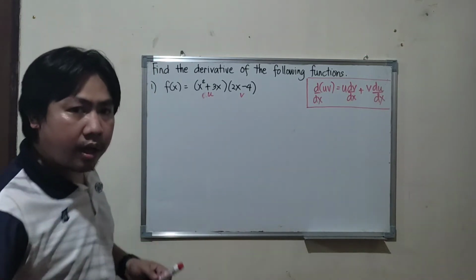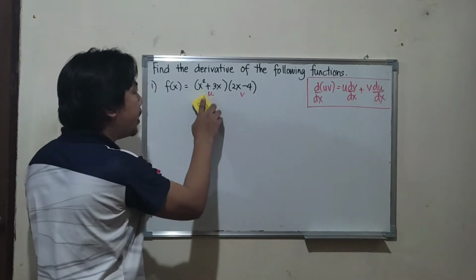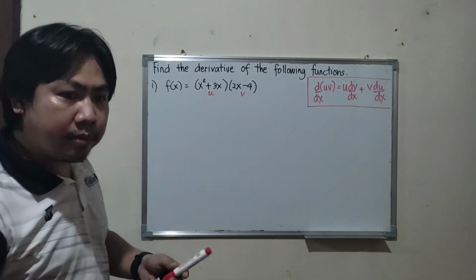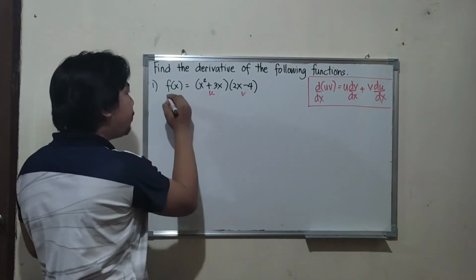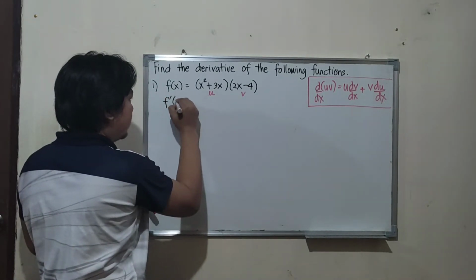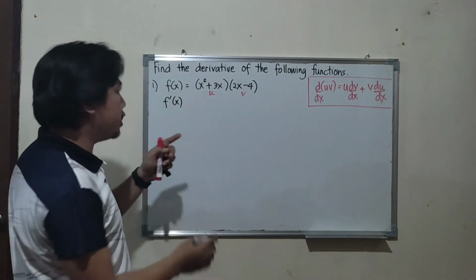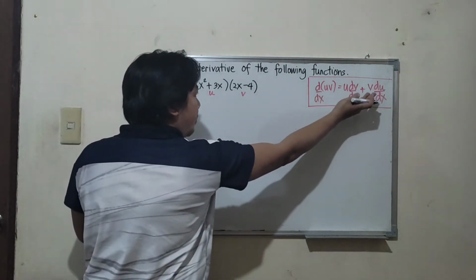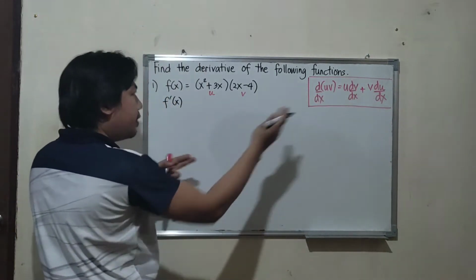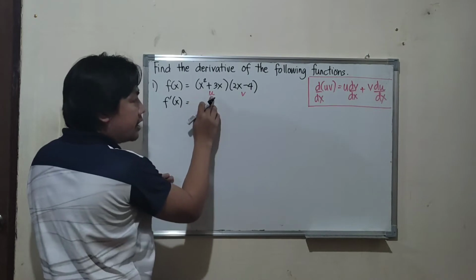Since we use f of x in the equation, we can use the symbol for derivative, f prime of x. So apply the product rule. So we have, just copy u.